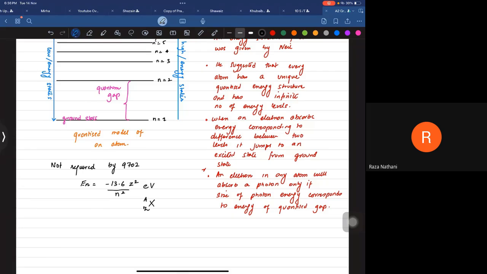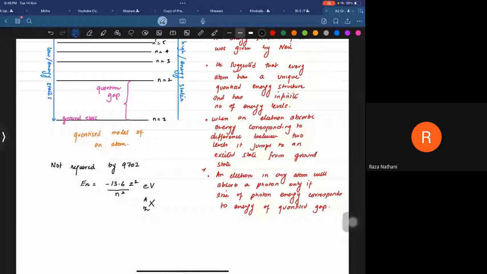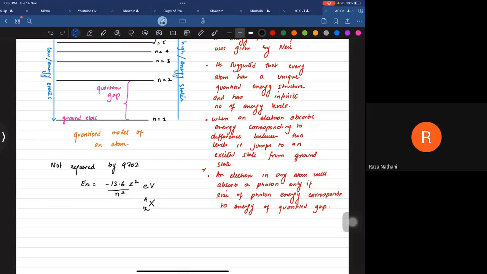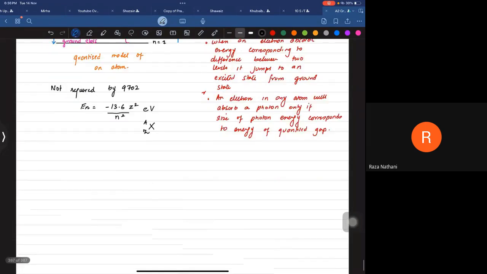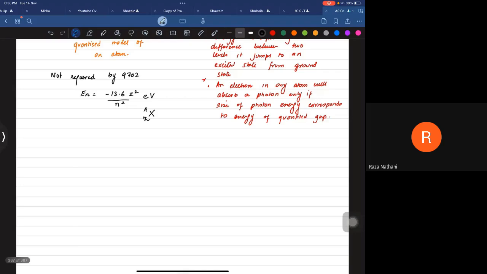Anyway, now to make matters more practical, we're going to look at the hydrogen quantized model.